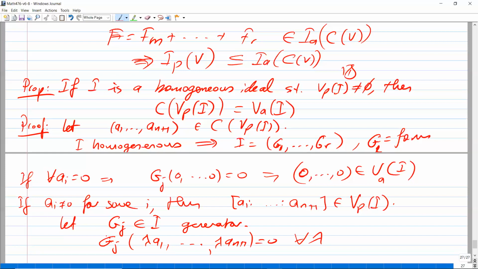The reason is that Gj is homogeneous, and also this point P is a zero of the Gj's.